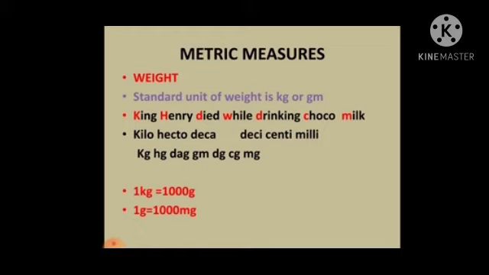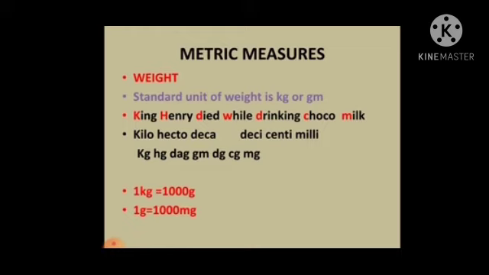King, K; Henry, H, the starting letter we will take; died, D; while, basic units; drinking, D, deci; choco, C, centi; milk, M, milli. Means kilo, hecto, deca, standard unit, deci, centi, milli. Kilogram, hectogram, decagram, gram as the basic unit, decigram, centigram, milligram.